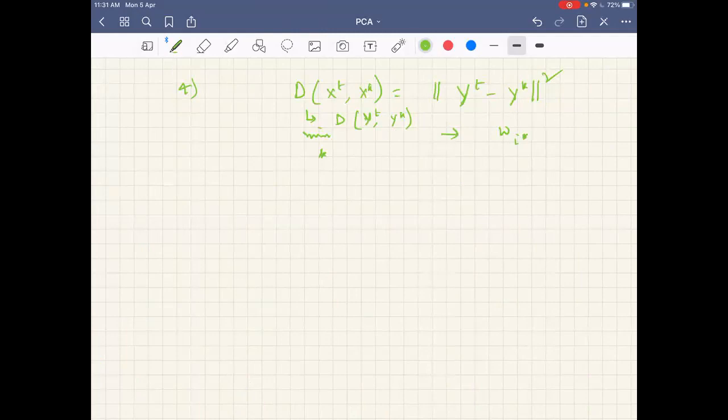So if we have 100 data samples, 1 to 100, they divide this into 5 folds. Then we use 4 folds for training at any one time and another fold for testing, and then we keep changing.